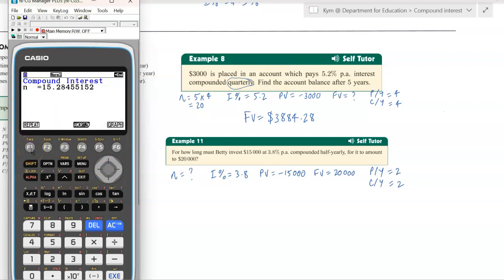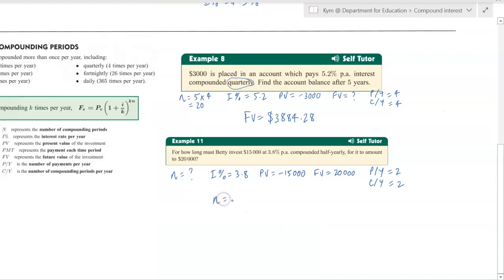And it tells me that n is approximately equal to, let's just do it to one decimal place, 15.3. So n equals 15.3. Now that's not 15.3 years, it's 15.3 compound periods. In this case, it's 15.3 half years.